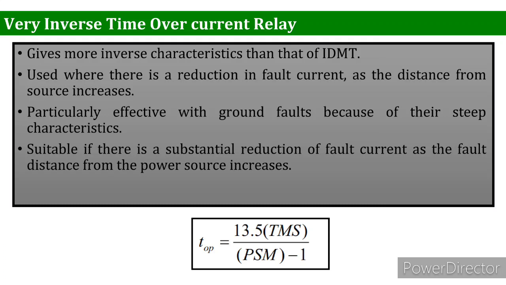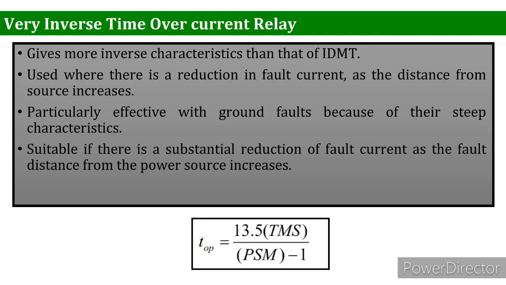The grading margin may be reduced to a value in the range between 0.3 to 0.4 seconds. It is used when the fault current depends on fault location.